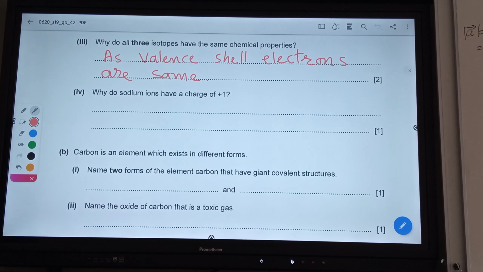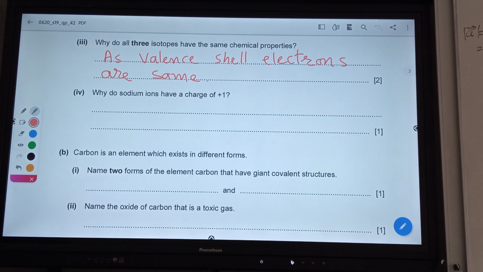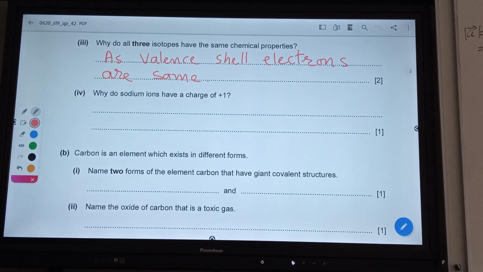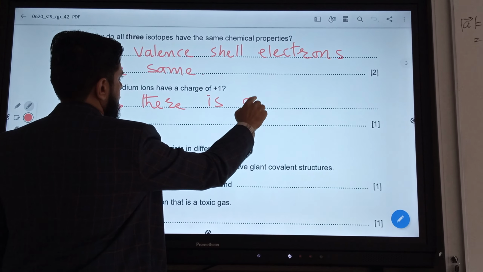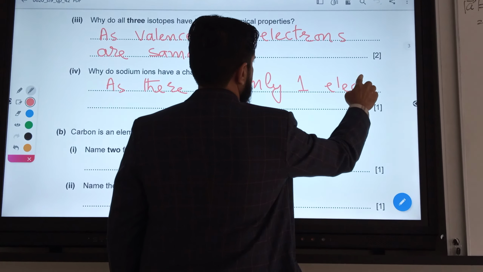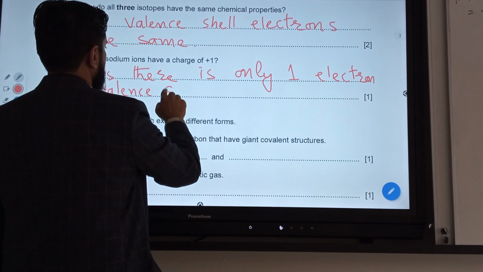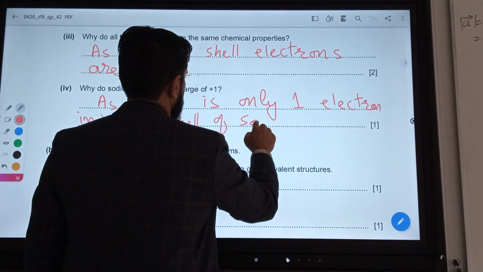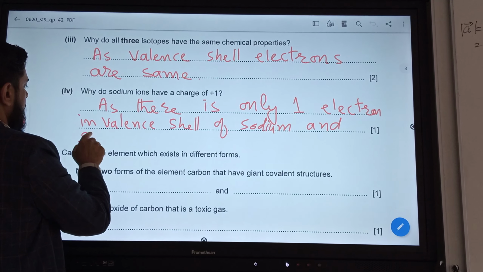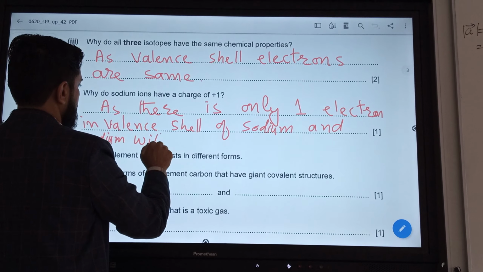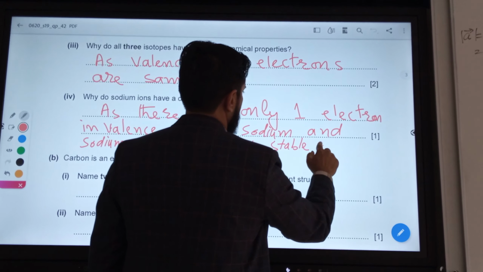Why do sodium ions have a charge of +1? So we know that sodium is a metal, metals can lose electrons, and sodium has only one electron in its valence shell, so it will lose only one electron. So we can say there is only one electron in the valence shell, and it loses it to get a stable electronic structure.